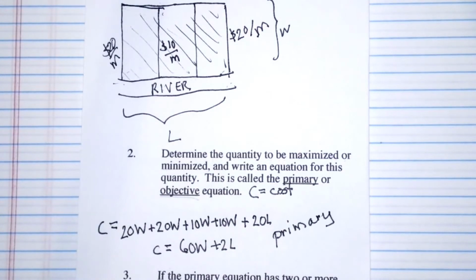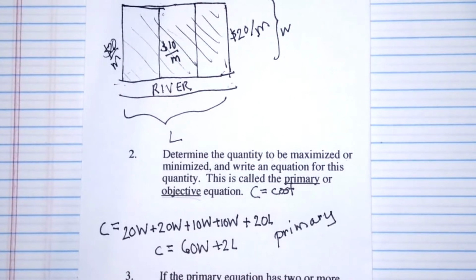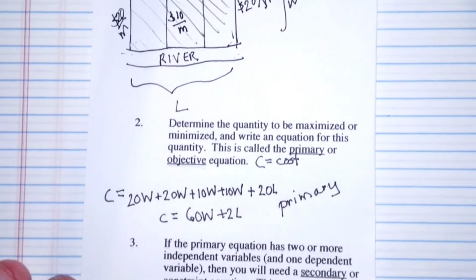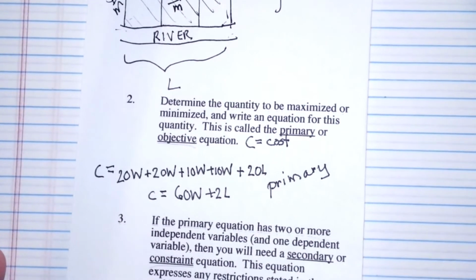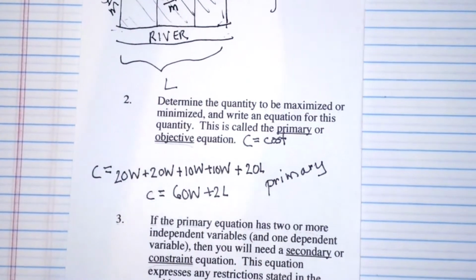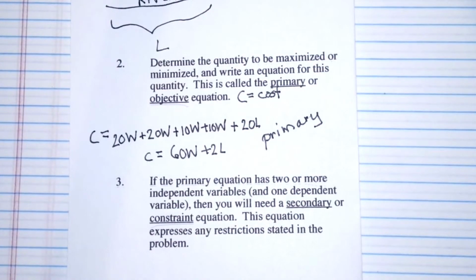When you're looking for the maximum or minimum value of something, you end up taking the derivative and finding critical numbers. This is what we're going to have to differentiate. However, it's got two variables, W and L, that it depends on. We want the cost to depend on only a single variable. So in the case where the primary equation does not depend on a single variable, we need to come up with a secondary equation, also known as a constraint equation.